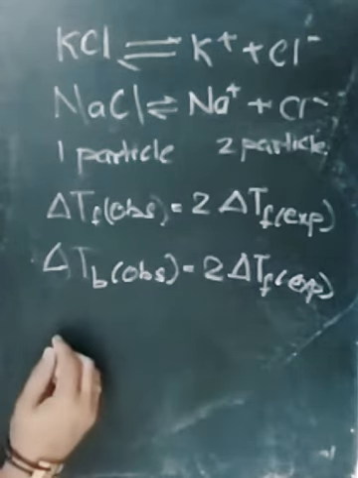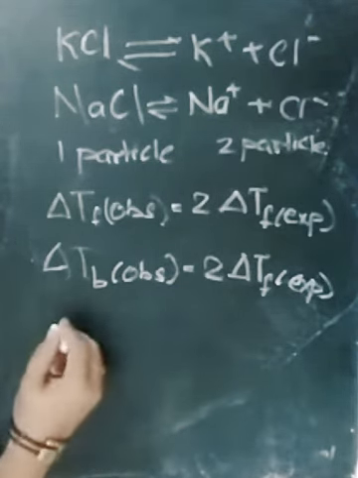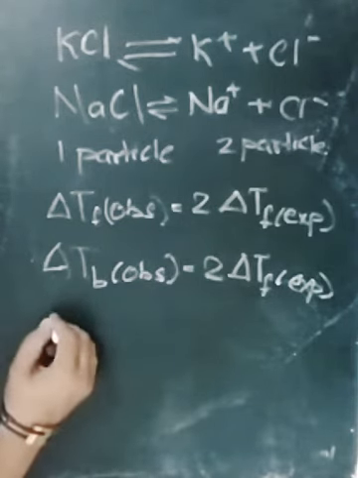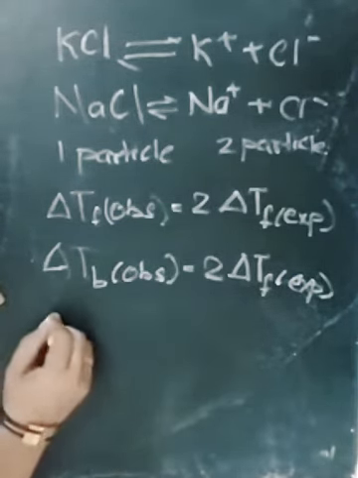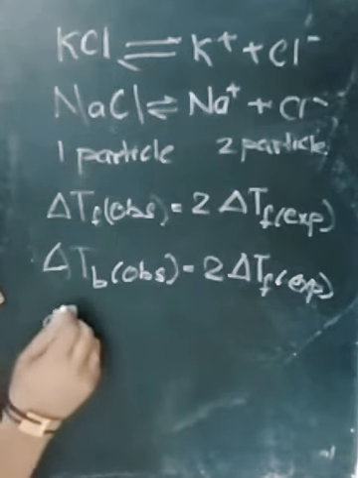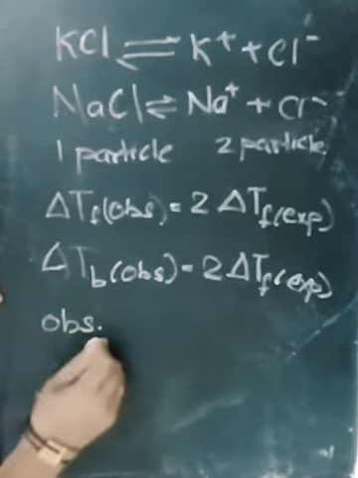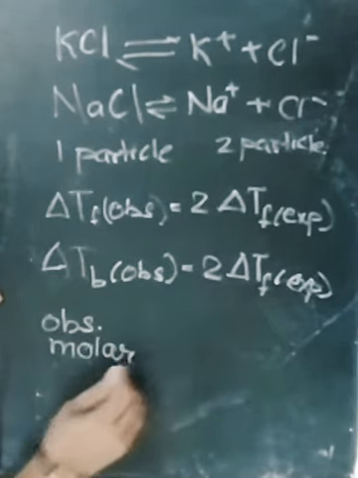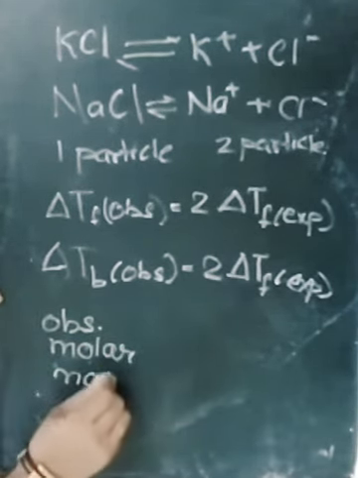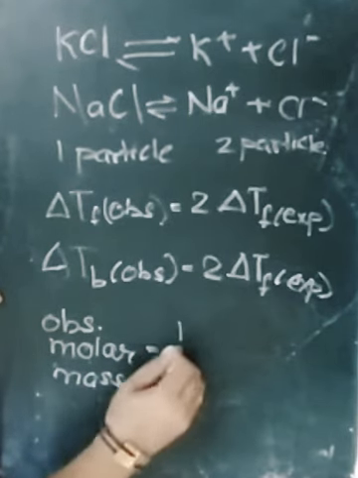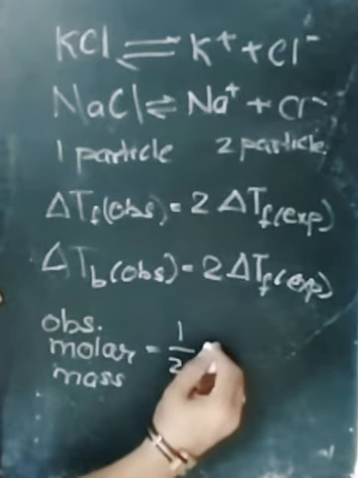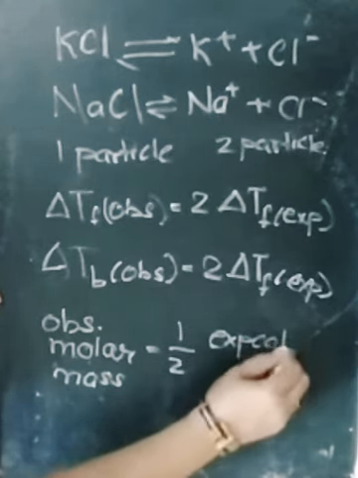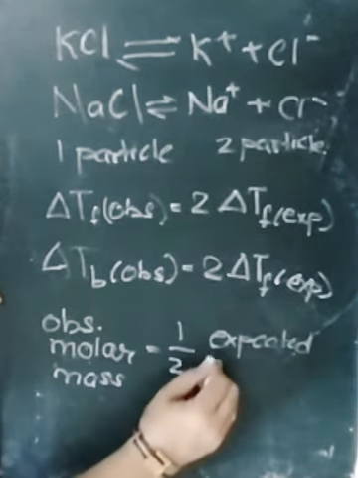So in both cases the molar mass will be abnormal. How? The observed molar mass will be half of the expected value of molar mass.